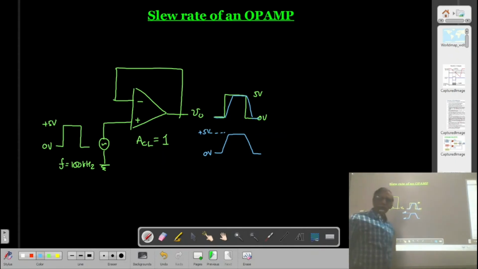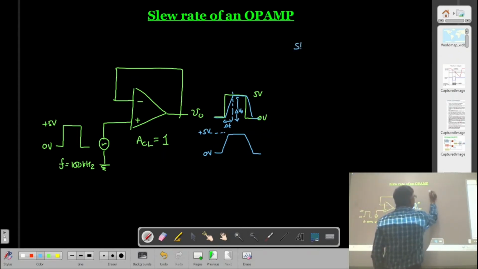Here, this operational amplifier requires some time to reach the maximum output voltage. And that time, if you see, is delta T, and this change is delta VO, that is our output voltage. So this phenomenon is defined as one parameter, which is known as slew rate.